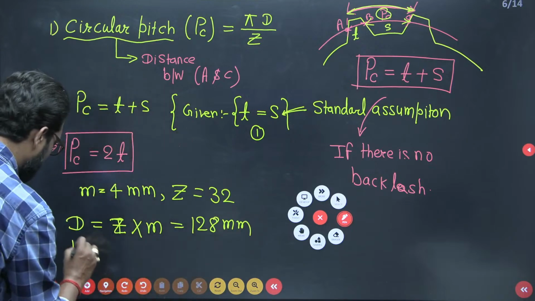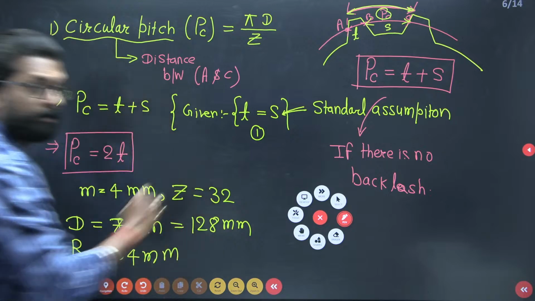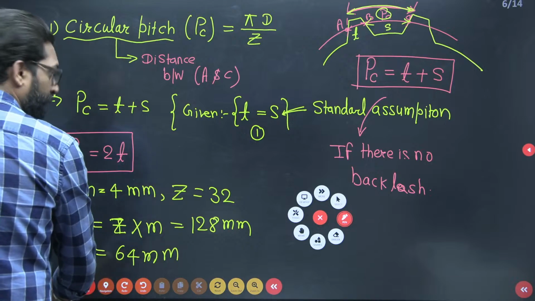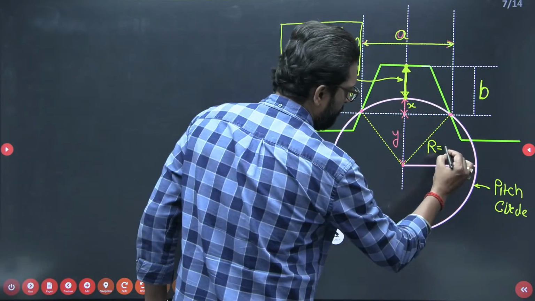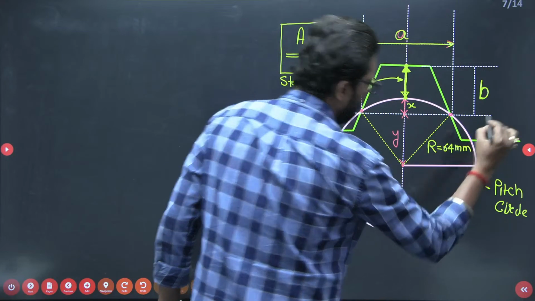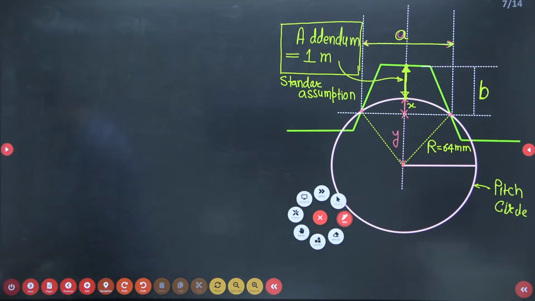So what is the radius? 64 mm. Yes or not? The radius of this circle is 64 mm. Clear?